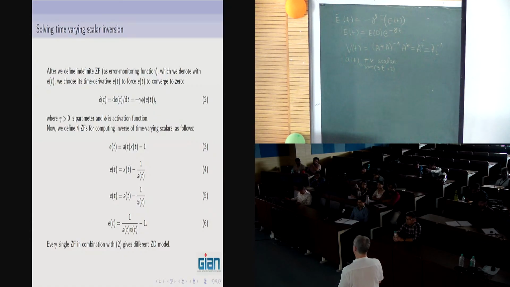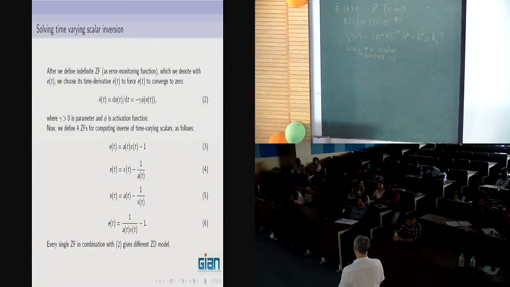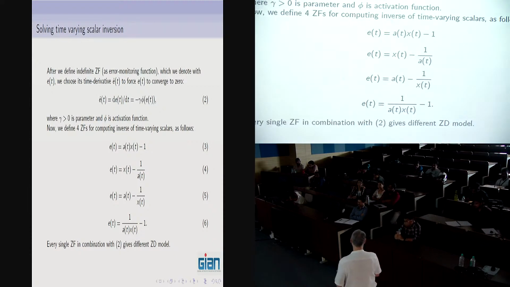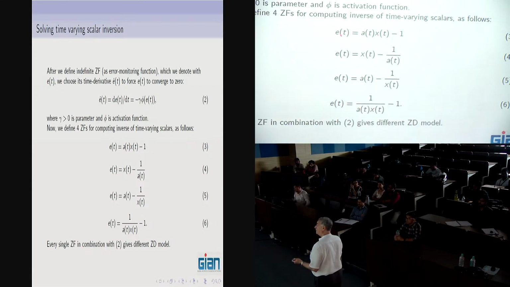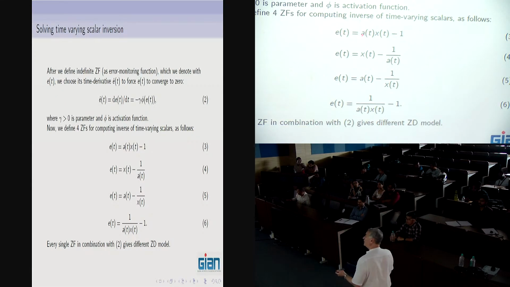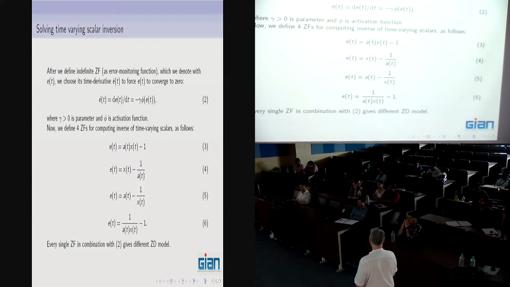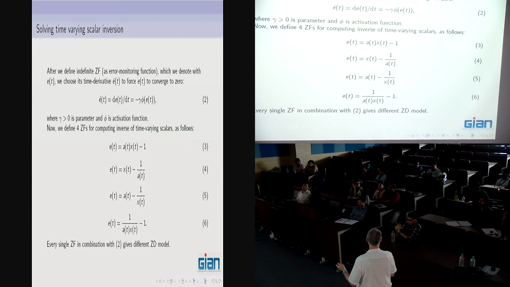How to define a ZNN model? First, we need to define an error function. Error function can be defined in different ways. A natural way to define E of t is given in 3: Ax minus I. Where is the case xa minus 1?